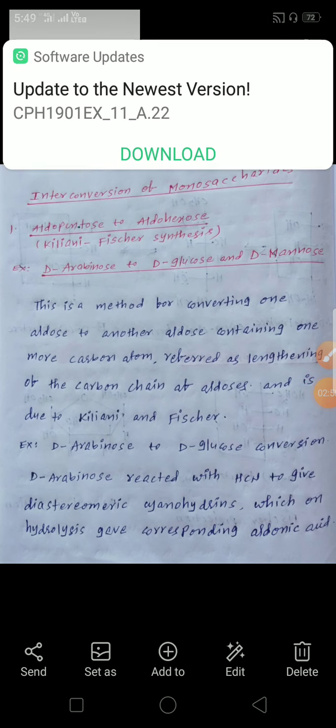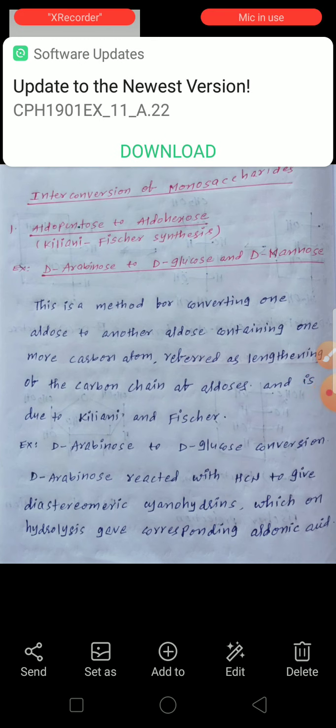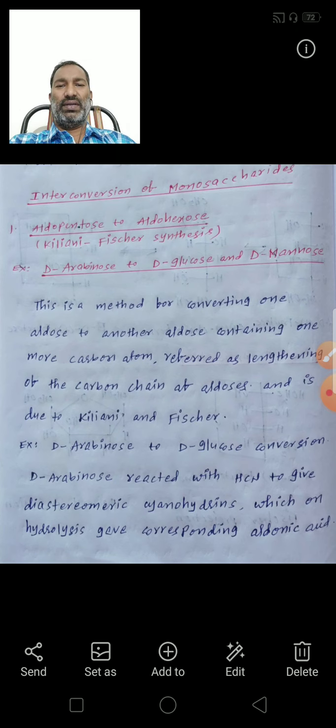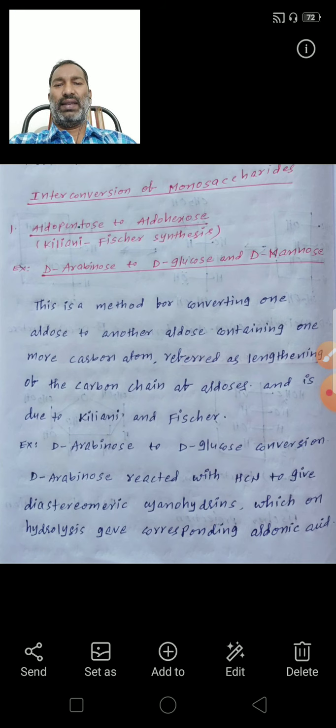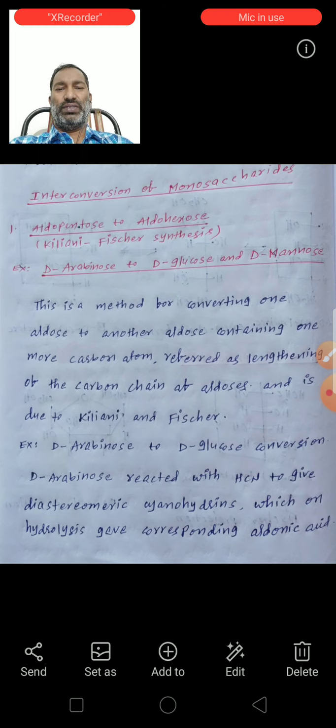See here, the D-arabinose to D-glucose and D-mannose conversion. This is a method for converting one aldose to another aldose containing one more carbon atom, referred to as lengthening of the carbon chain of aldoses. It is due to Kiliani and Fischer.